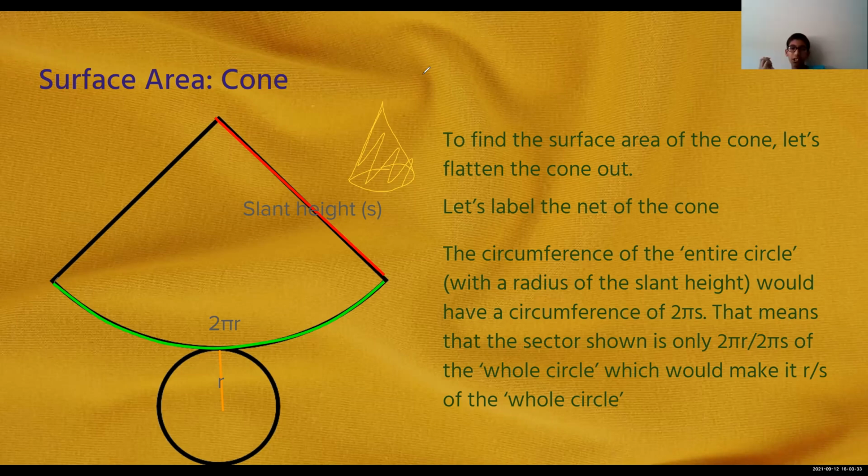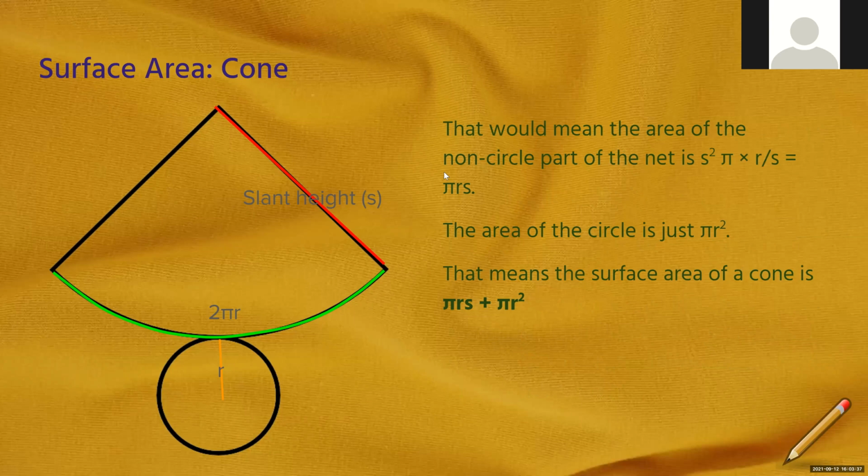Yeah, I understand. Okay. So that would mean that the area of the non-circle part, the sector or portion of the circle here, is just pi r s, which is pi times the radius times the slant height. Since it's s squared pi, the area of the whole circle, times r over s, which is what fraction of the circle it is, the s squared eliminates the s in the denominator, and we get pi r s.